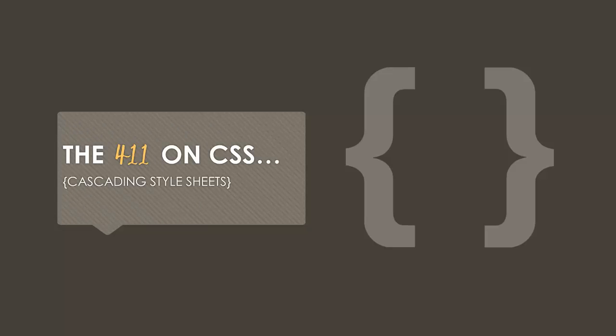All right, so what does CSS stand for? Cascading Style Sheets. In a nutshell, it's a document that you're going to upload to your site that allows you to change the appearance and positions of HTML elements and other classes on your web page.